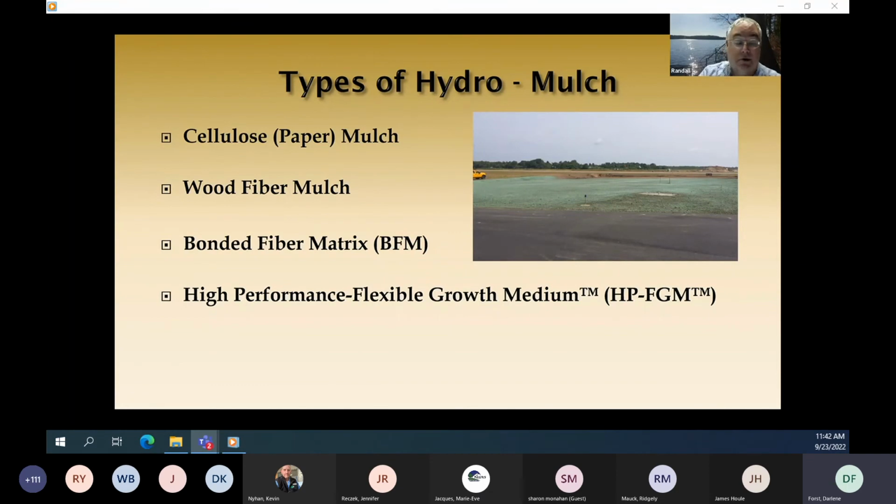So steeper slopes require a more aggressive application. The length of time, just like erosion control blankets, the length of time you need it to last, whether it's a couple of months for cellulose mulch or you need it to last over the winter and you're looking at bonded fiber matrix and the flexible growth medium. So you want to make sure that that's going on, and providing slope breaks on steeper slopes.